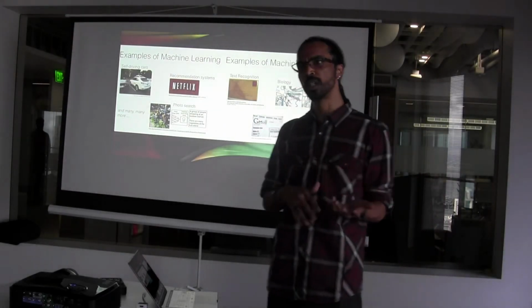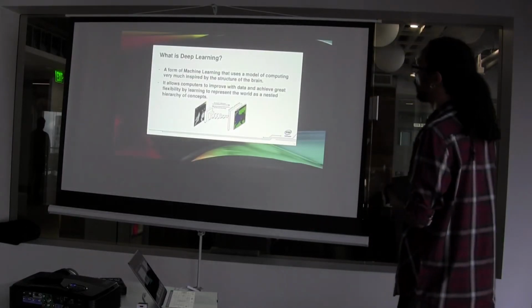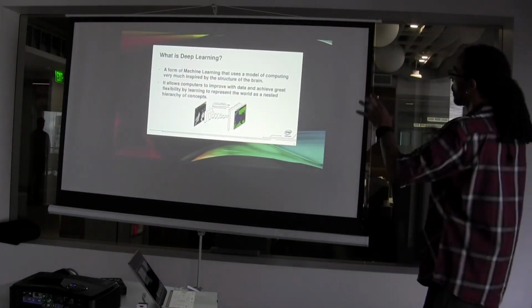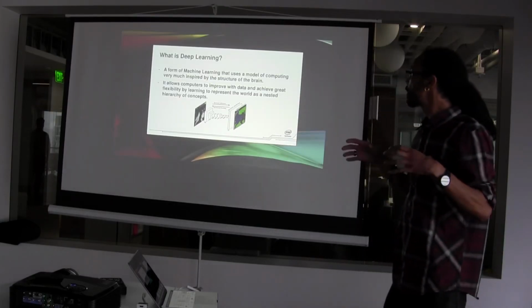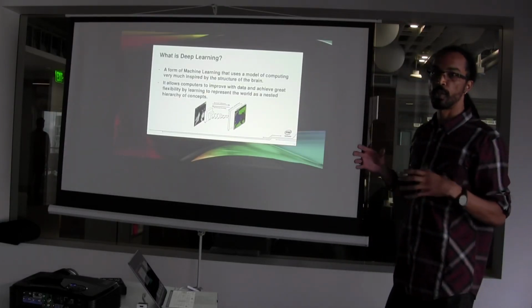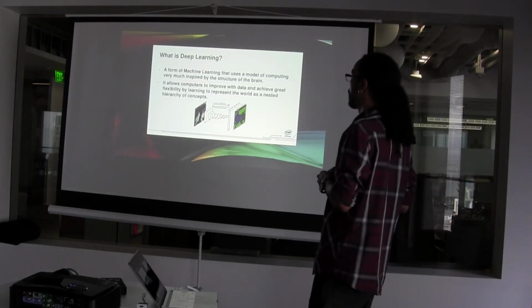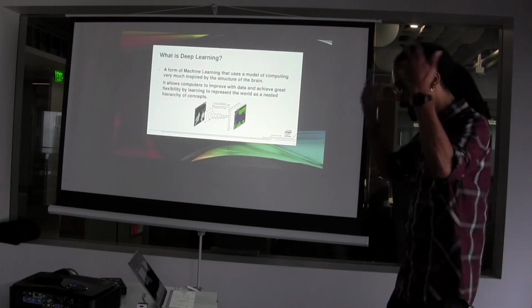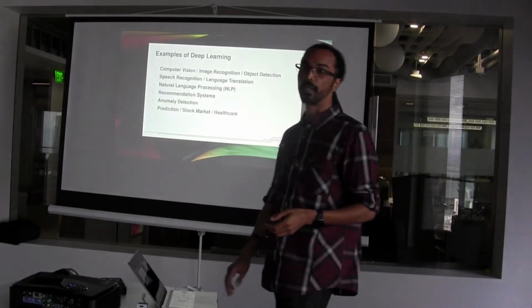So if that's machine learning, what is deep learning? Well, deep learning is a form of machine learning that uses a model to compute similar to how the brain works. And I'm going to show you that, a very cool slide coming up pretty soon. So a good way to explain that is examples. Everyone loves examples. So what's an example of deep learning?